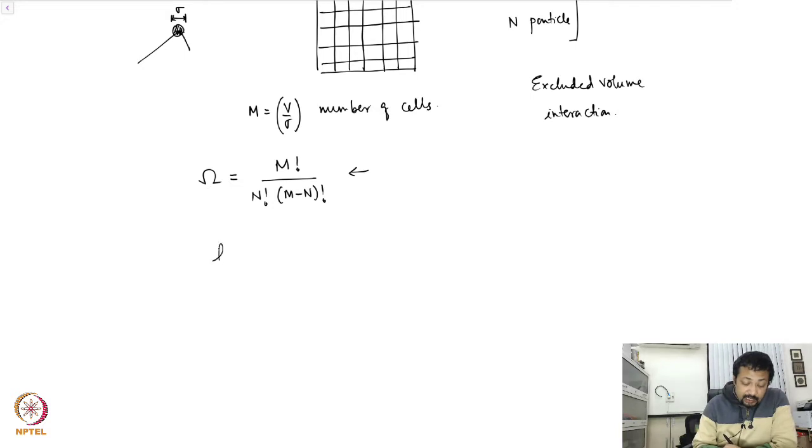That means ln omega, the log of this quantity, is going to be ln M factorial minus ln N factorial minus ln of M minus N factorial.